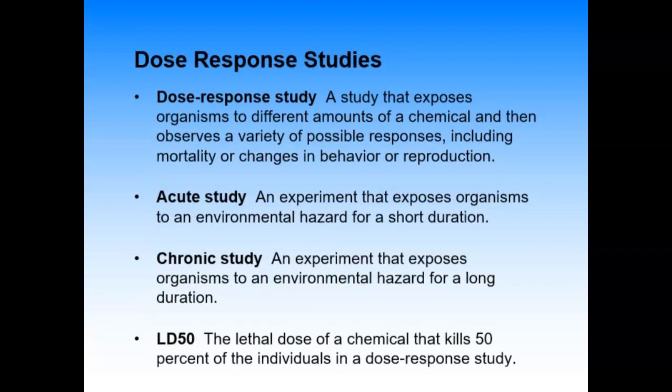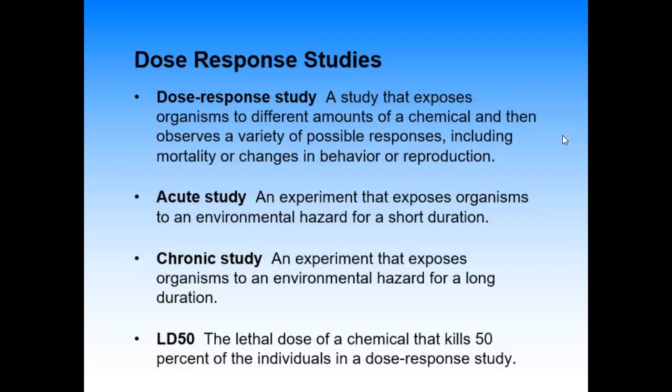A dose-response study is going to be one that will expose organisms to different amounts of chemical and then collect observations in terms of what the responses are, including how many deaths we've had, or how many individuals' reproductive systems have been affected, or their behavior has changed dramatically based on whatever the exposure is.